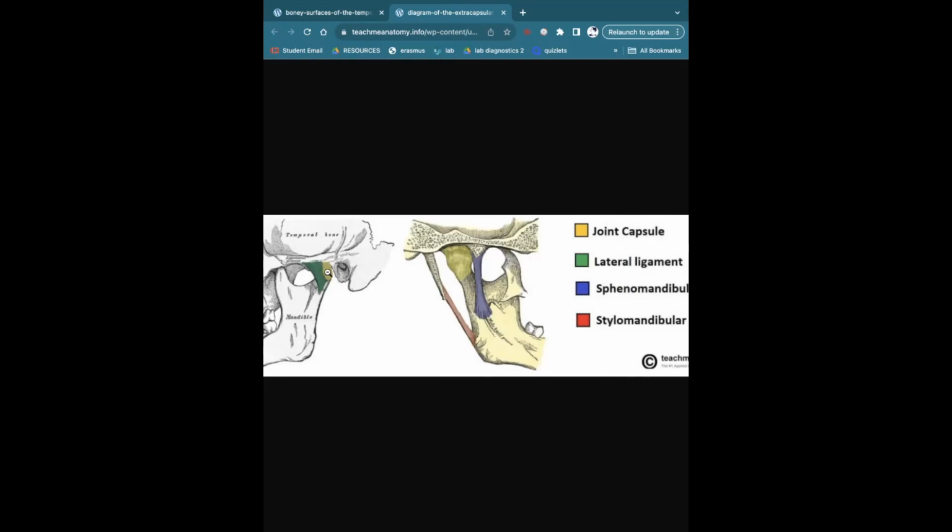And this joint, all that I said, is surrounded by a joint capsule, okay? It has nothing within it except itself. It's some sort of a covering for the joint. And that's why these ones are extracapsular, to notify you that there's a capsule and these ligaments are outside the capsule, okay?